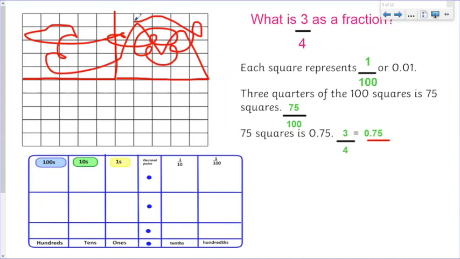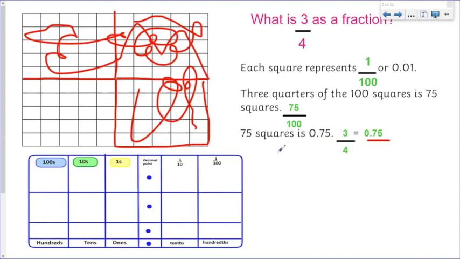We don't need to say the 0 because there are no hundredths. And here, another 25 makes up 75 squares coloured in, which is 0.75.